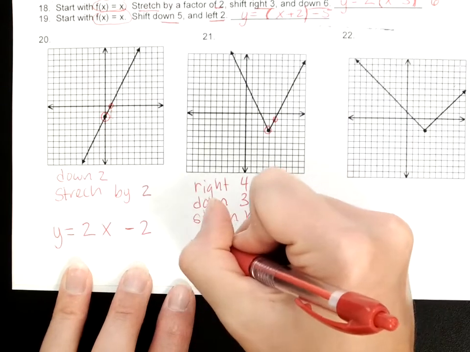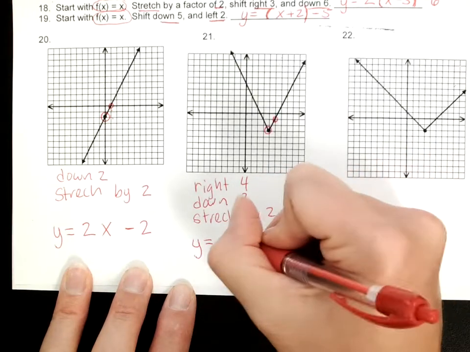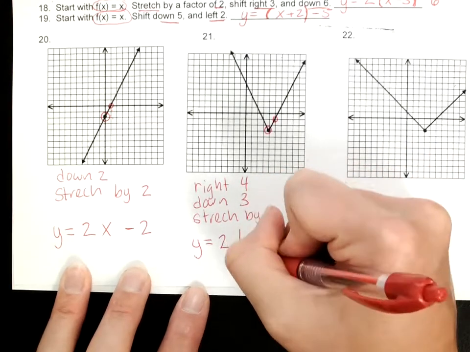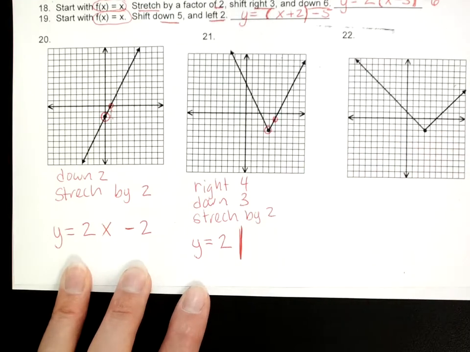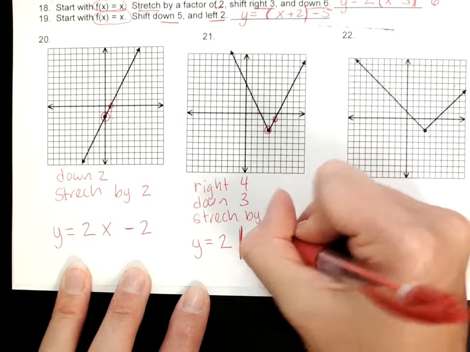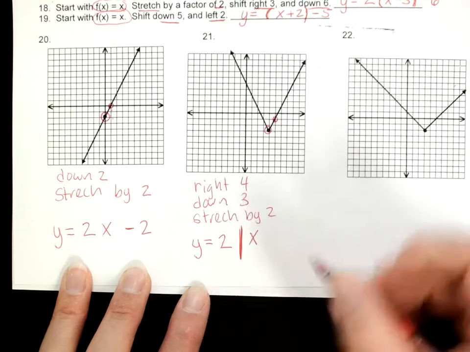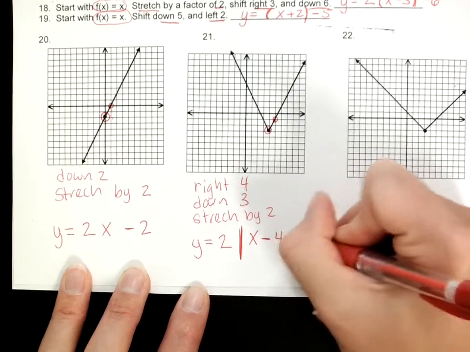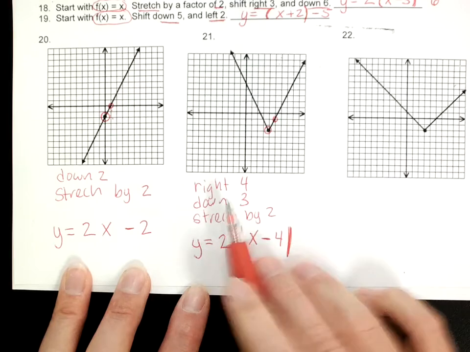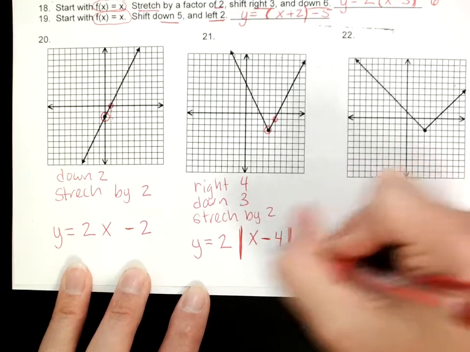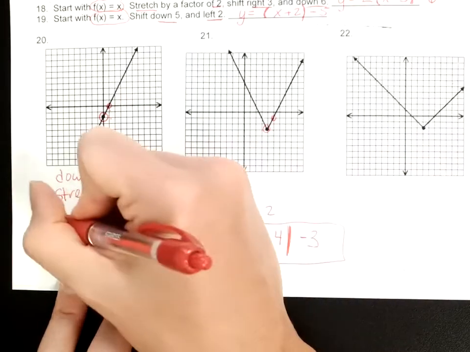So again, y is going to equal, I need a 2 for my stretch. I need my absolute value symbol so I know which type of graph it is, x. This one's moved right 4. Again, that's a minus 4. Close the absolute value. Down 3, minus 3. I should have boxed the first one.